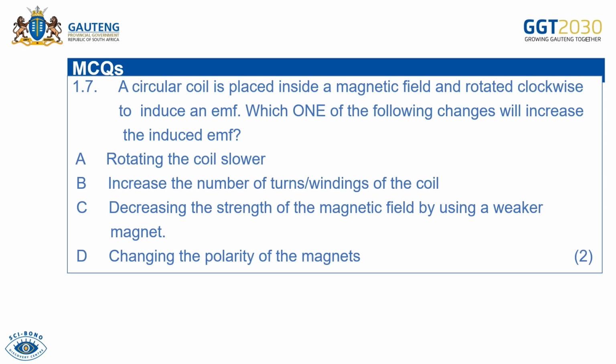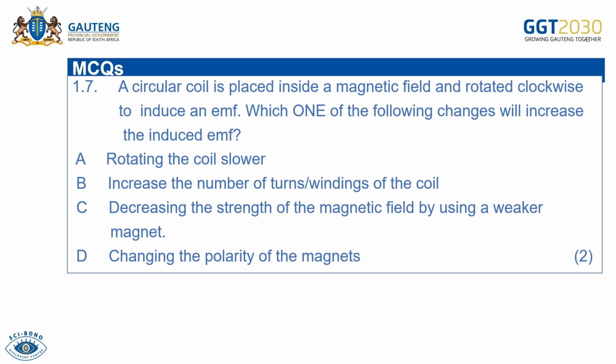EMF is induced across the ends of the conductor if there is relative movement or motion between the conductor or the coil and the magnetic field. As long as there's that relative motion between the two, EMF is induced across the ends of that conductor.